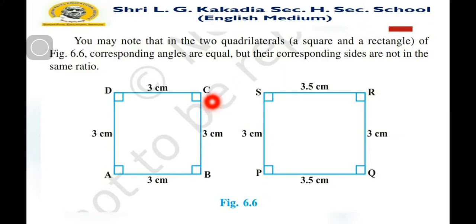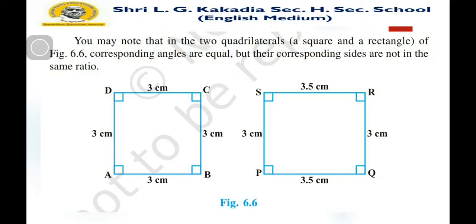The first condition is satisfied, but their corresponding sides are not in the same ratio. AB upon PQ is 3 upon 3.5, and BC upon QR is 3 upon 3, which is equal to 1 over 1. So the second condition is not satisfied. So we can say that both quadrilaterals are not similar.